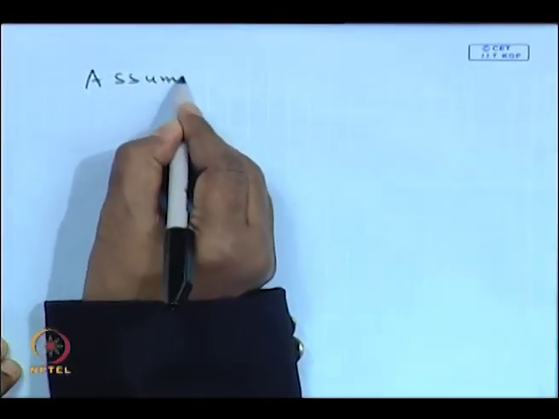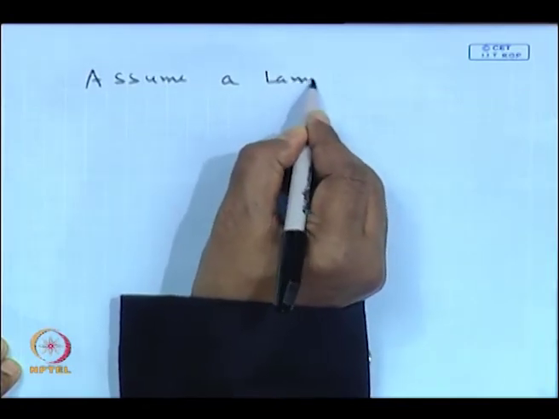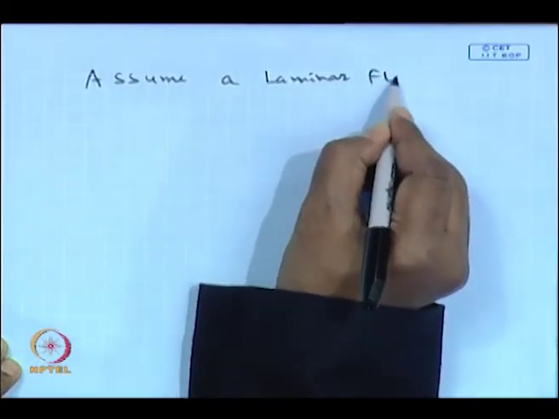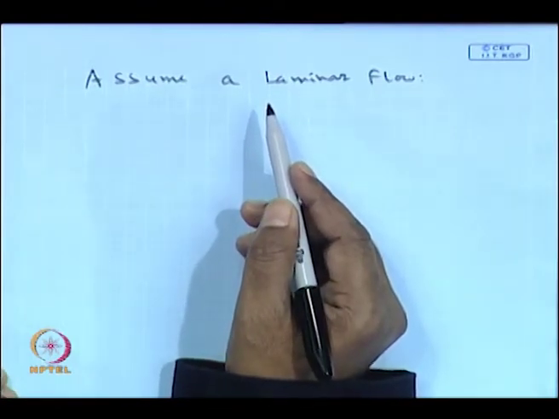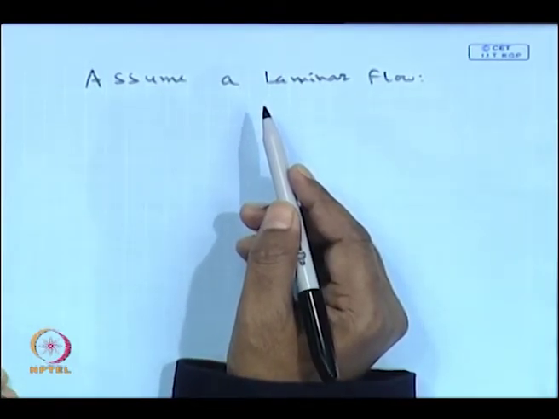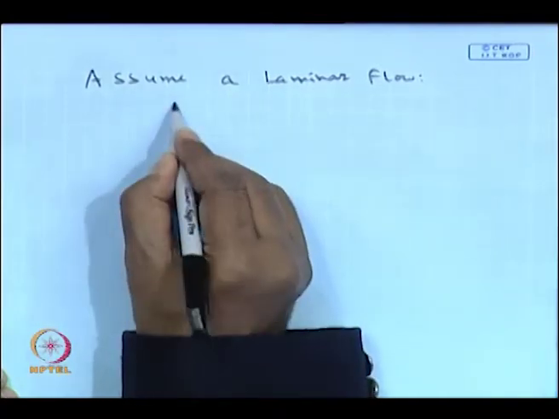Again, here we will assume laminar flow. In fact, the flow becomes laminar, right? The u naught will be 0.5 meter per second and the equivalent diameter is 2 millimeter. You can calculate the Reynolds number.